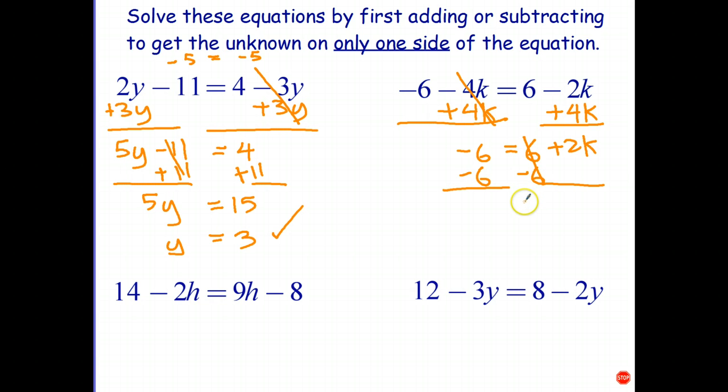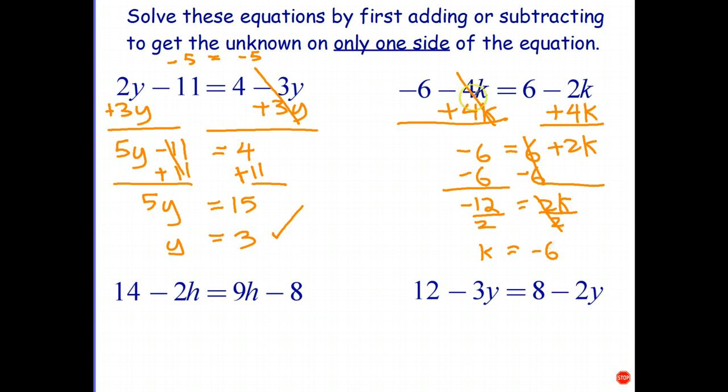That leaves us with 2k on the right. Negative 6 take 6 is negative 12, not 0. I'm sure some of you were thinking that's a 0 there. And we finish off by dividing both sides by 2. I'll write the k on the left-hand side. Negative 12 divided by 2 is negative 6.